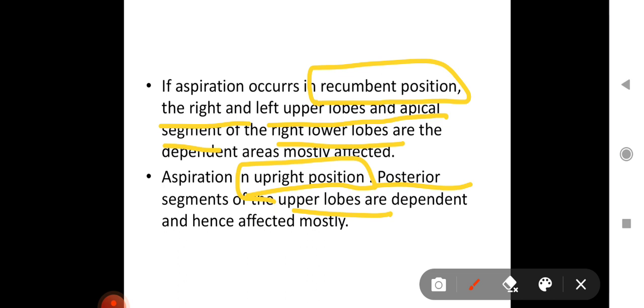So the location of abscess in recumbent and upright position, you should remember this point, as it can also be asked in viva. Especially in table viva, if X-ray shows aspiration pneumonia or lung abscess, then the examiner can ask what is the difference in site of lung abscess in recumbent and upright position during aspiration.